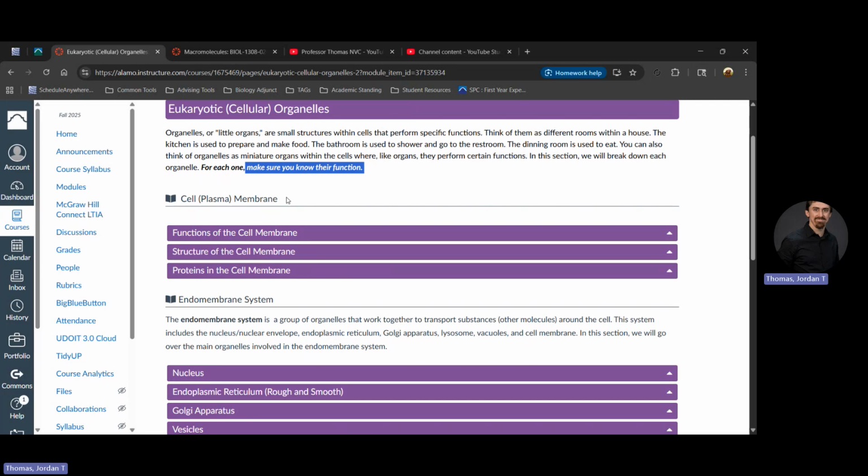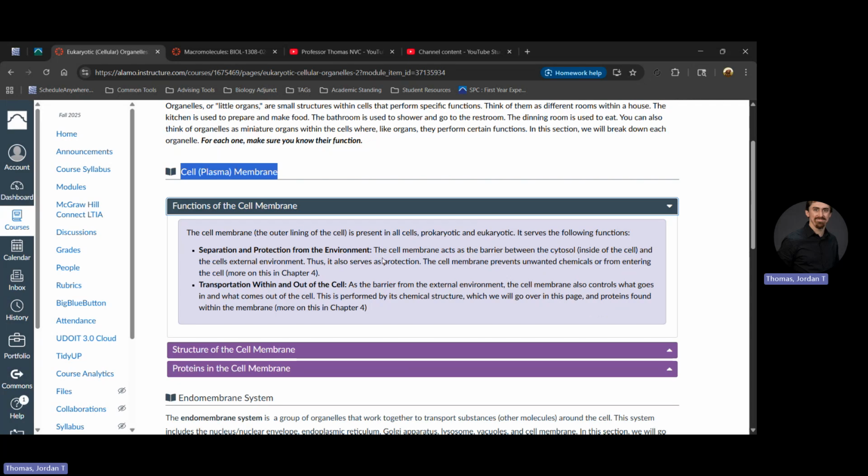So the first one we're going to go over is the cell membrane. This is the one you will need to know the most, including the function, structure, and the proteins in the membrane, very briefly. So the function of the cell membrane, and keep in mind the cell membrane, like we talked about last time, is the structure that surrounds the cell. It's the structure that separates the inside of the cell, the cytoplasm, from the outside.